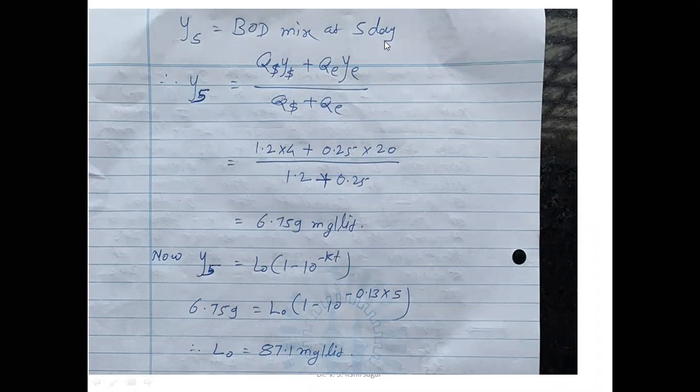Sonali Patil, what is your answer? 8.708. Yes, we can write 8.71. Sorry. All are requested to correct this answer. I have written a wrong calculation here. The answer is 8.71 milligram per liter.